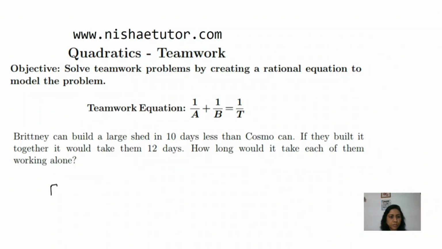So here are two persons, Brittney and Cosmo, and the total. Brittney can build a large shed in 10 days less than Cosmo can. So let Cosmo take x days.